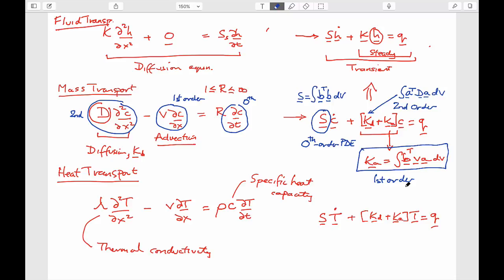And so from this, you can see immediately that the variables in this, all you do is you change the dependent variable that you're monitoring. You change the coefficients that would go into these constituent matrices. So in other words, this constitutive matrix here would include thermal conductivity instead of diffusion coefficient, instead of hydraulic conductivity, Darcy's law. So this is Darcy's law, this is Fick's law, and this is Fourier's law. Just all the same.